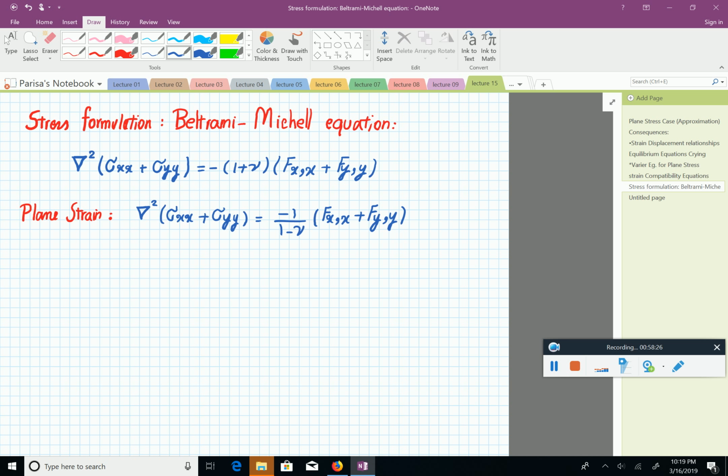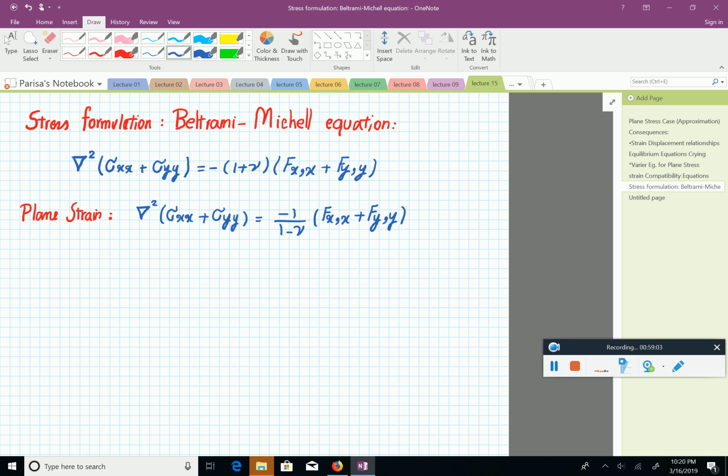So just like the Navier equations, then we can say the formulations in plane stress and plane strain are the very same, except for a switch of the coefficients, which are a function of the elastic constants. In fact, if Poisson's ratio would be 0, the equations become exactly similar.